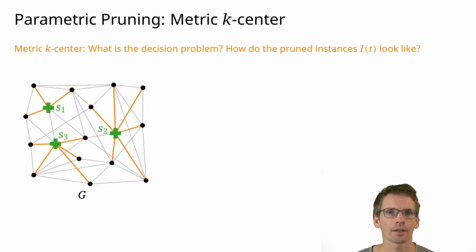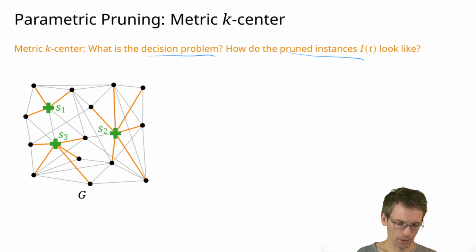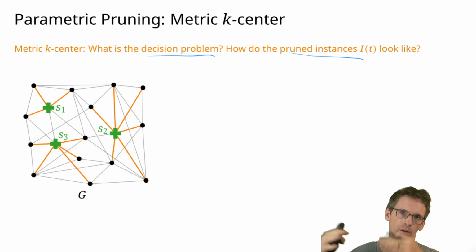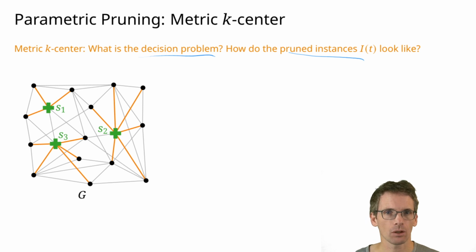Now let's apply this in the setting of metric k-center. So we have to think about what is our decision problem and how do the pruned instances look like. So the decision problem is a question, give me a value t. Is there a selection of centers, or k-centers, a set S of size k, such that its cost is smaller equal t.